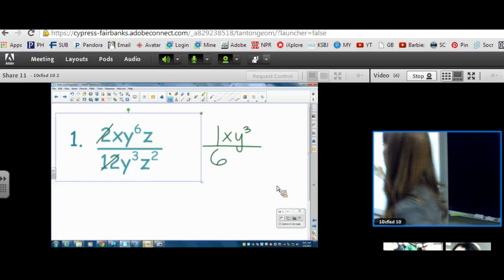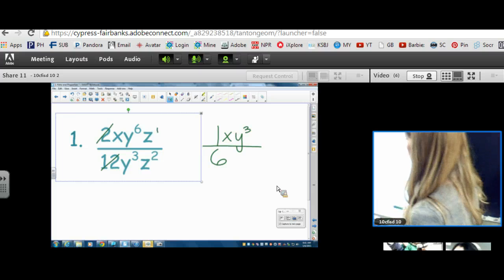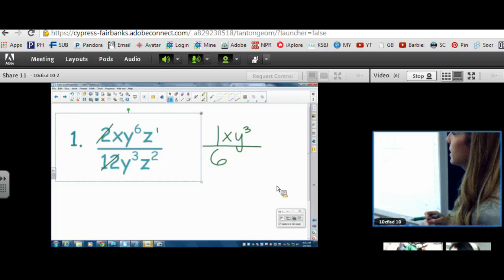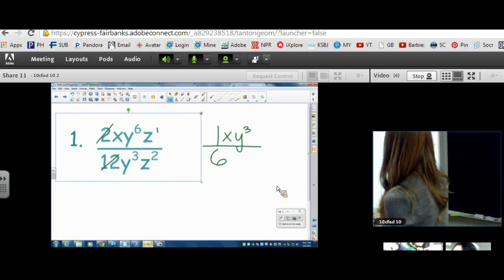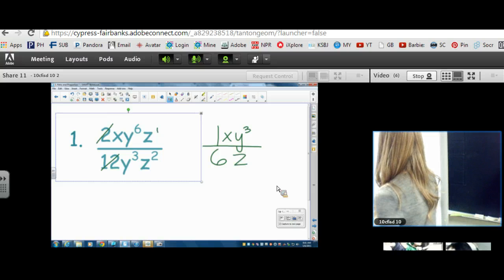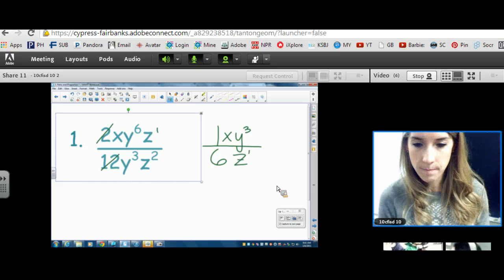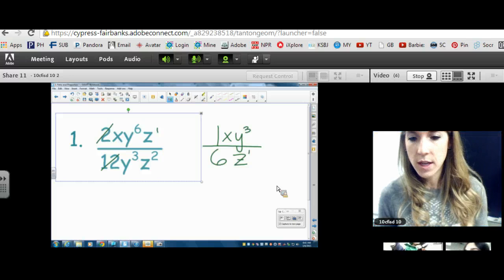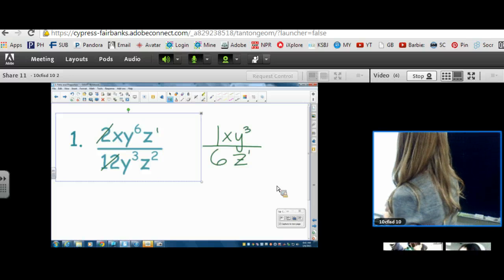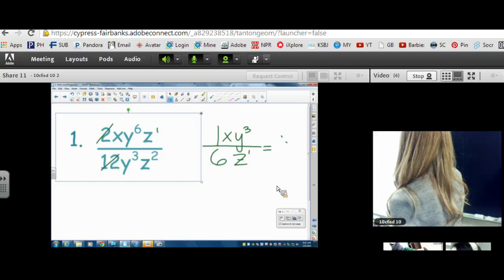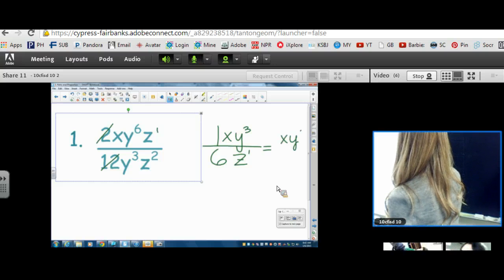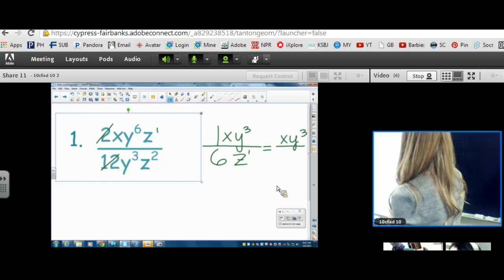And then this is technically z to the 1. It's not z to the 0, it's z to the 1. So 2 minus 1 is 1. And you put it where the larger one came from. The larger one was in the denominator. So technically our final answer, if we get rid of all the unnecessary stuff, is x times y cubed over 6z.